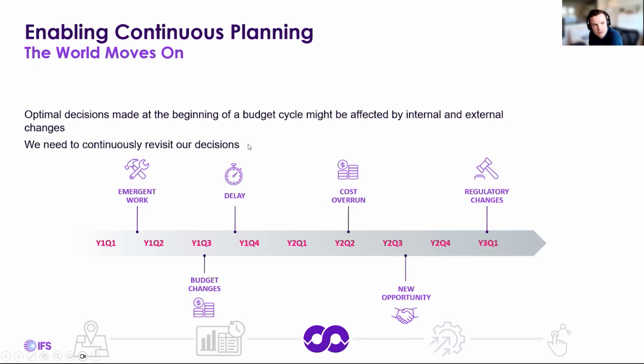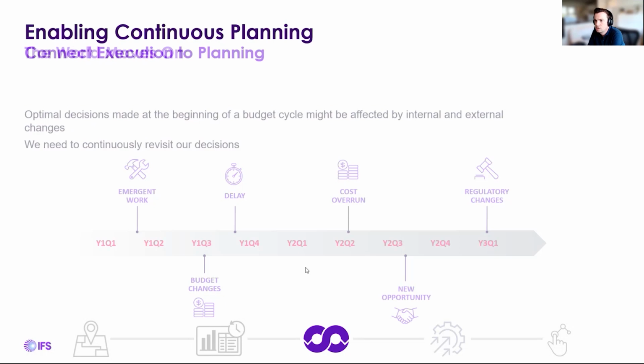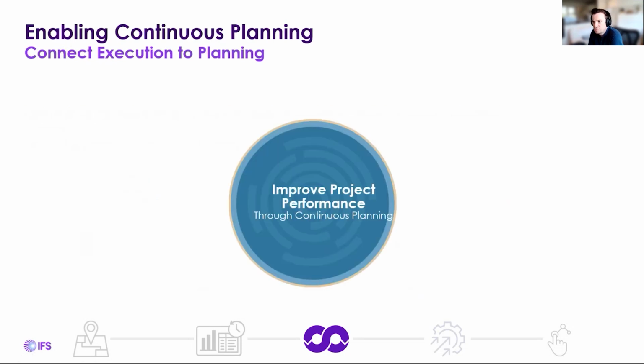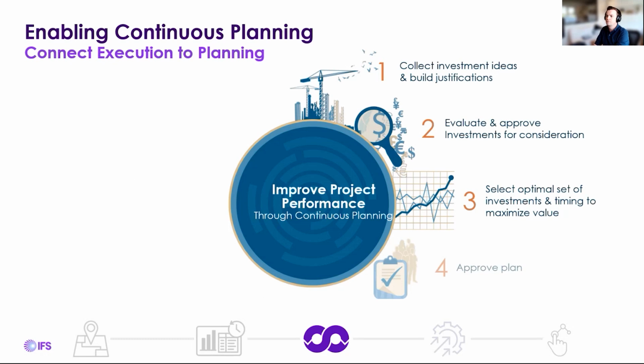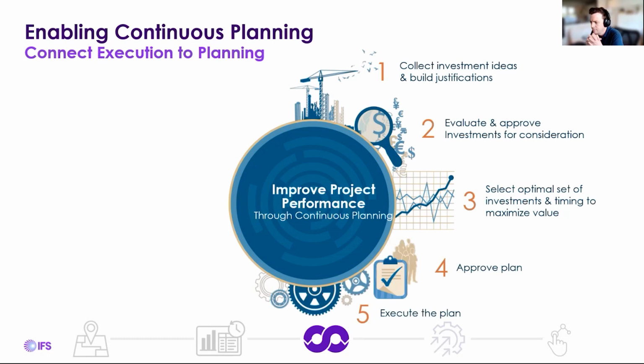So how do we respond to this, and how do we help support this within Copperleaf, deliver a continuous planning approach? Well, typically when we lay the foundations for the Copperleaf implementation, we cover scenarios 1 to 5 here.